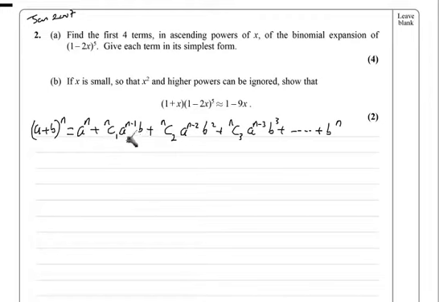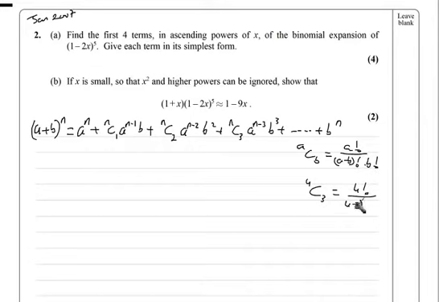We also have to know how to evaluate this. Let's say you have CAB. It means a factorial divided by a minus b factorial times b factorial. Let's solve an example, like 4C3. It will be 4 factorial divided by 4 minus 3 factorial times 3 factorial. 4 factorial means 4 times 3 times 2 times 1, and 1 factorial is 1.